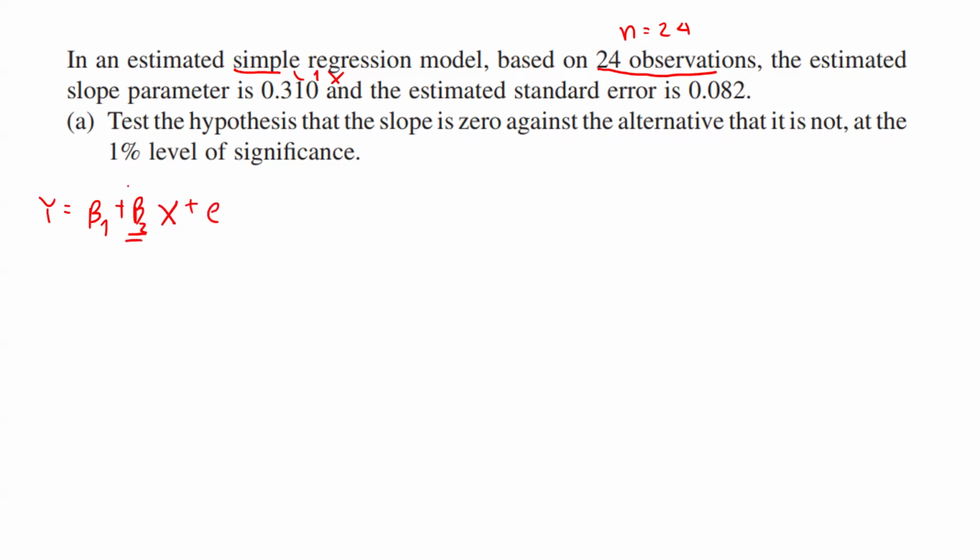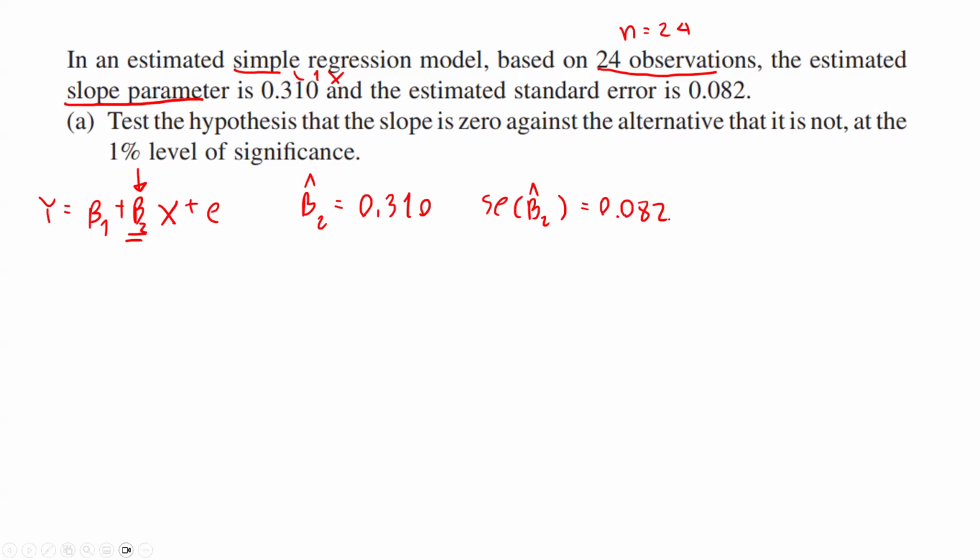They would like to know about this one because they said slope parameter. It means the estimated parameter is 0.31 with standard error 0.082.